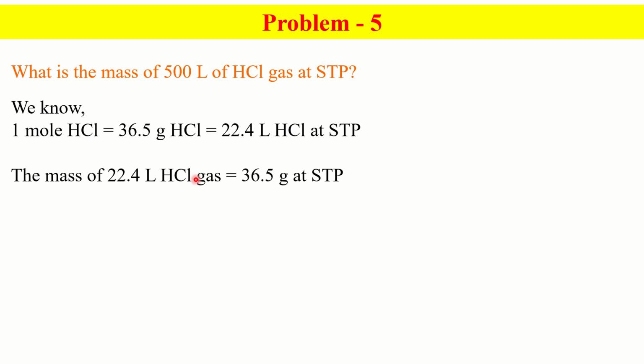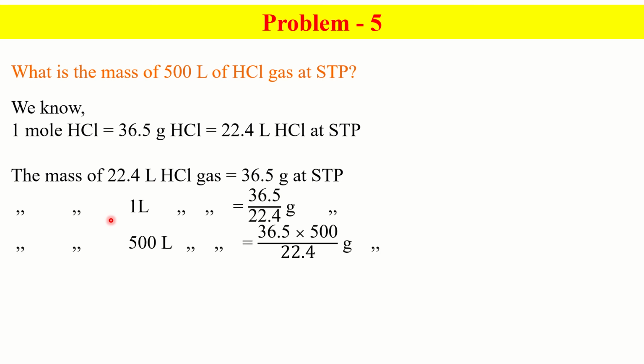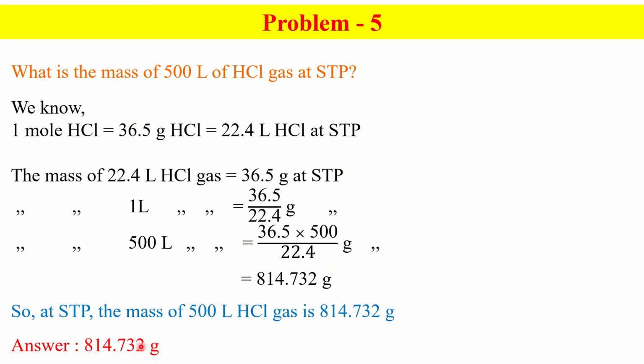The mass of 22.4 liter HCl is 36.5 gram at STP. So the mass of 500 liter HCl comes to 814.732 gram. It is the answer, 814.732 gram.